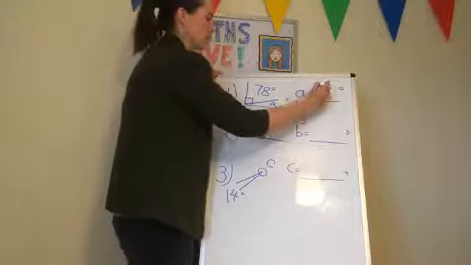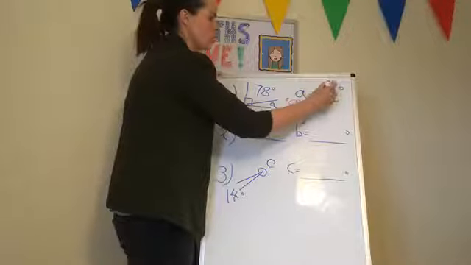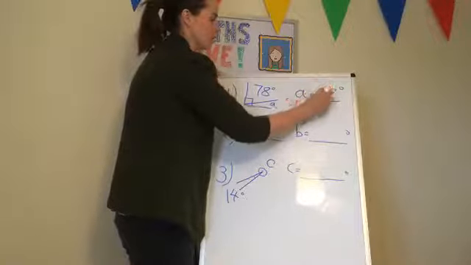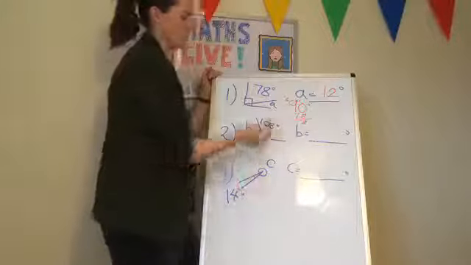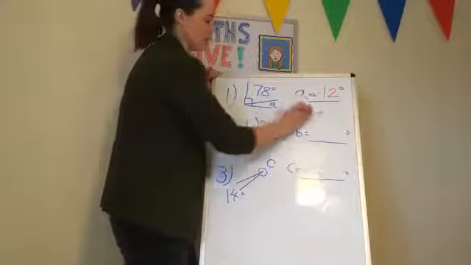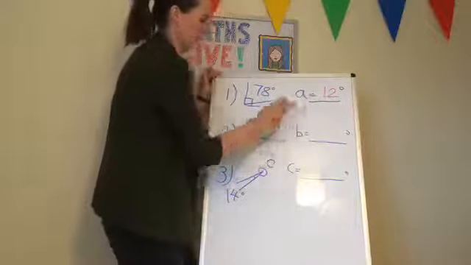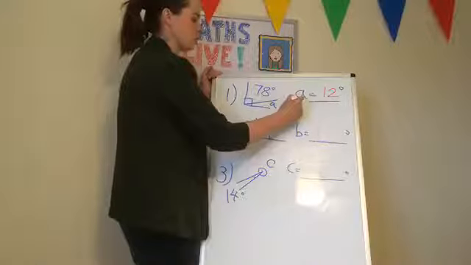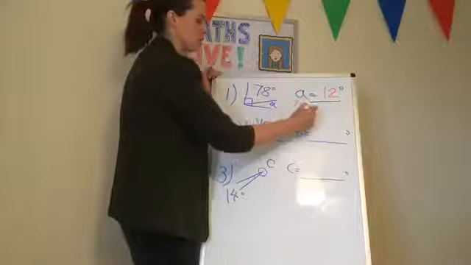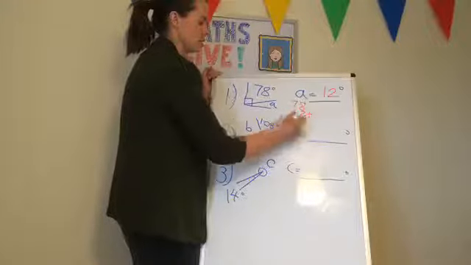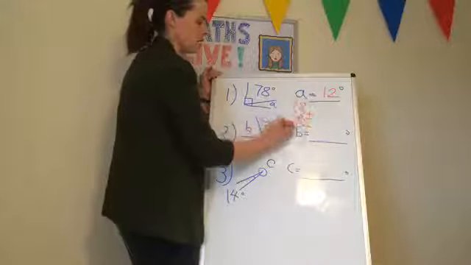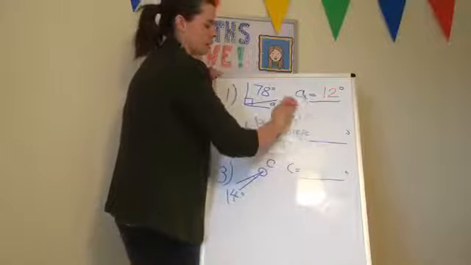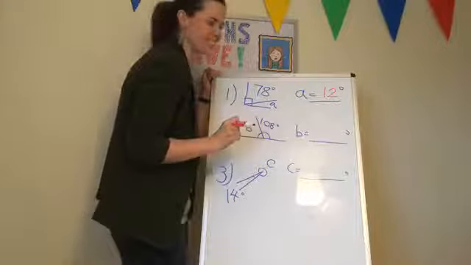So that is 22, oh no, 12 degrees even. 12 degrees, Steph. So I forgot that one will come off. So the first one is 12. And you can always check it, because if you do 78 plus 12, it should equal 90. 7, 8, 9. Inverse. Always good to check your answers.